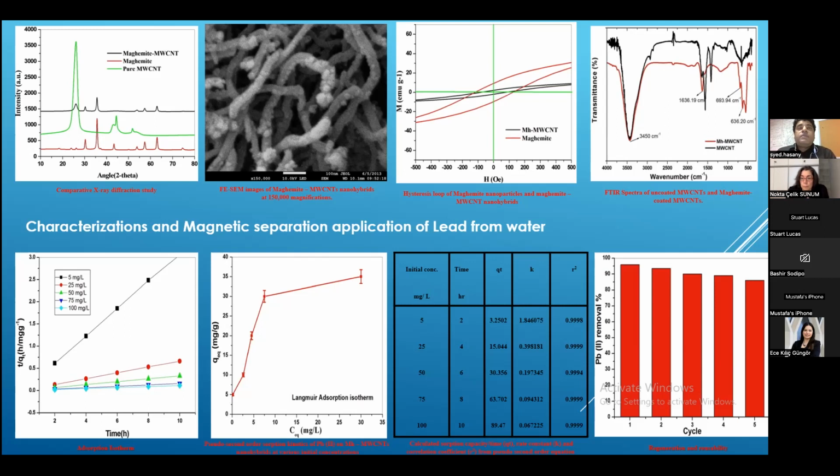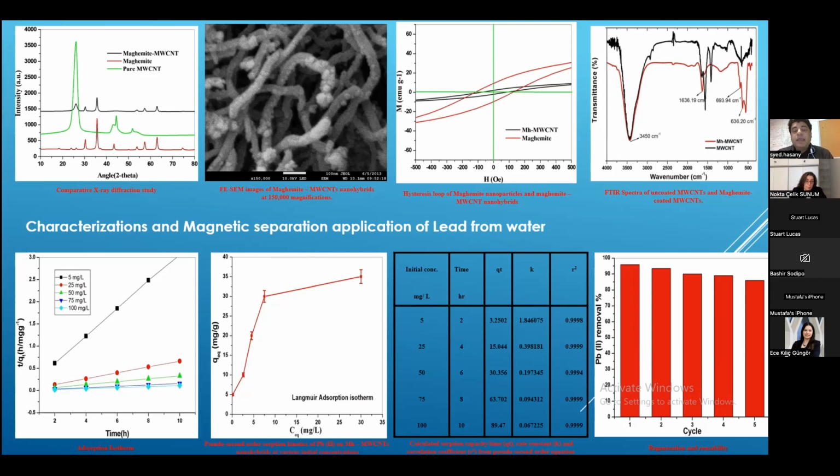The results show a 96% removal of lead by adsorption and separation. And the reusability graph told us that even after 5 cycles, the separation and adsorption was around 80%. So it was a very good result.